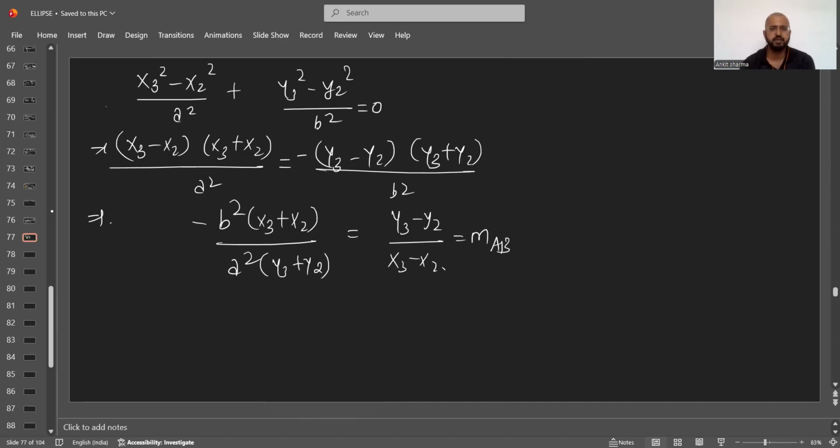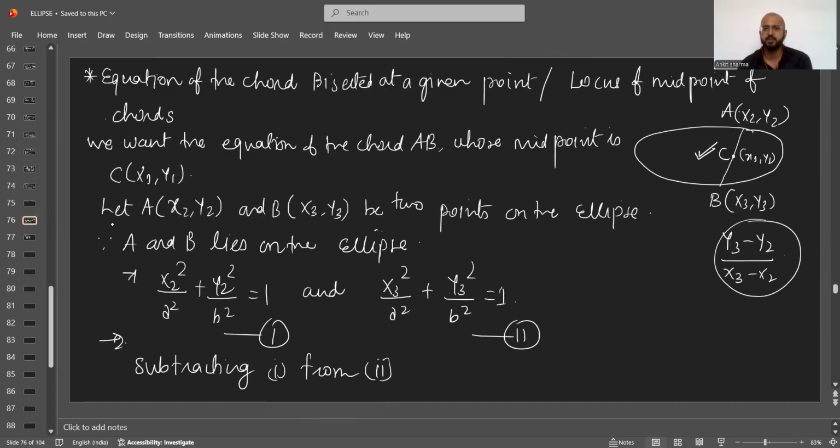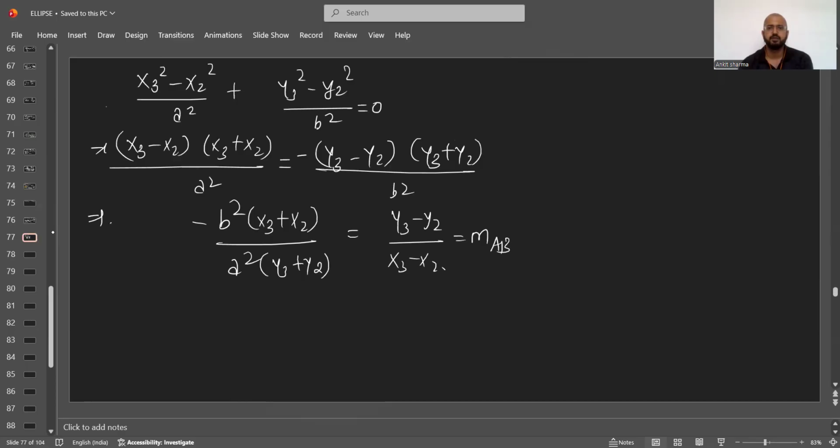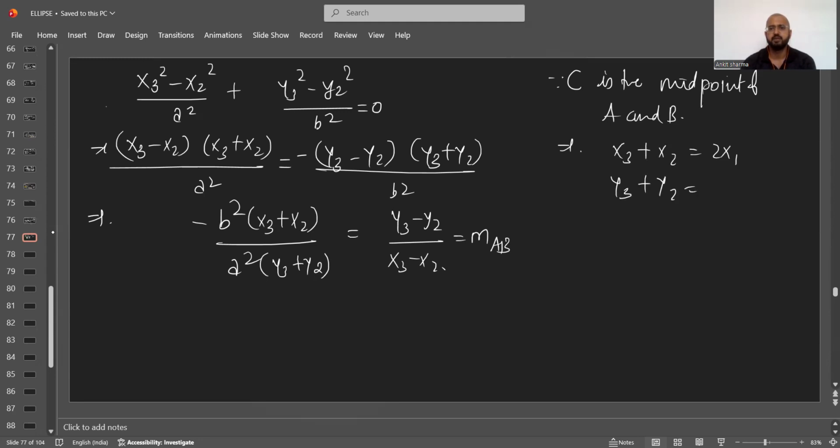Since we do not have x2 plus x3, but we know that C is the midpoint of A and B, we have x3 plus x2 is equal to 2x1 and y3 plus y2 is equal to 2y1. That means now I can plug in here.